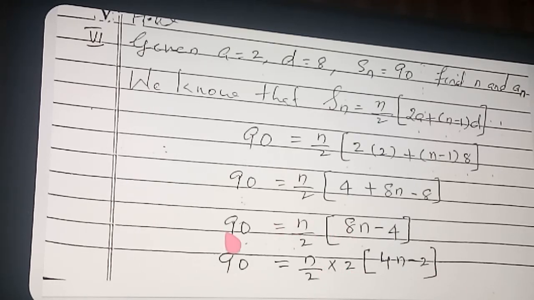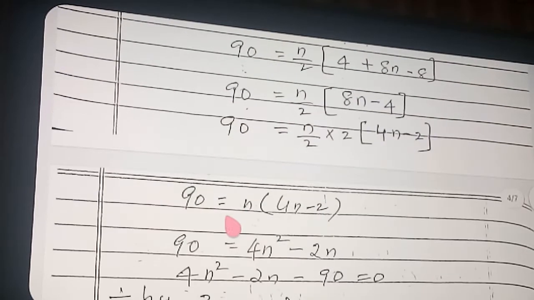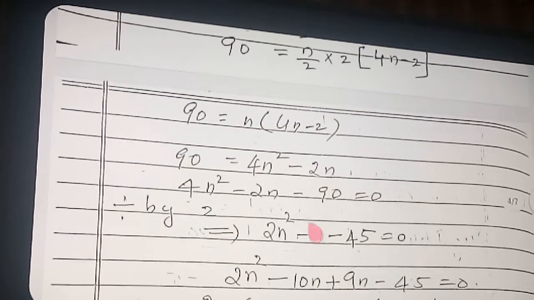Yes, calculation, I told you, any method. And 90 is equal to n into 4n minus 2. Open this bracket: n into 4n, 4n square, minus 2n. So now arrange it as an equation. You see here, what you got?